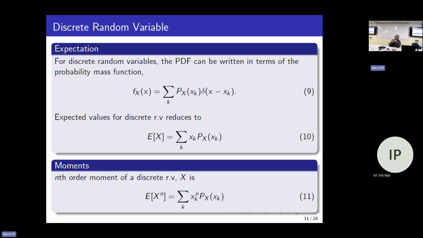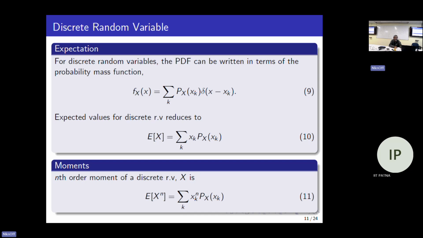We will see this expectation when we are doing filtering, with discrete points and weights. So later we'll come back here. Everything is directly related to the basics we read.